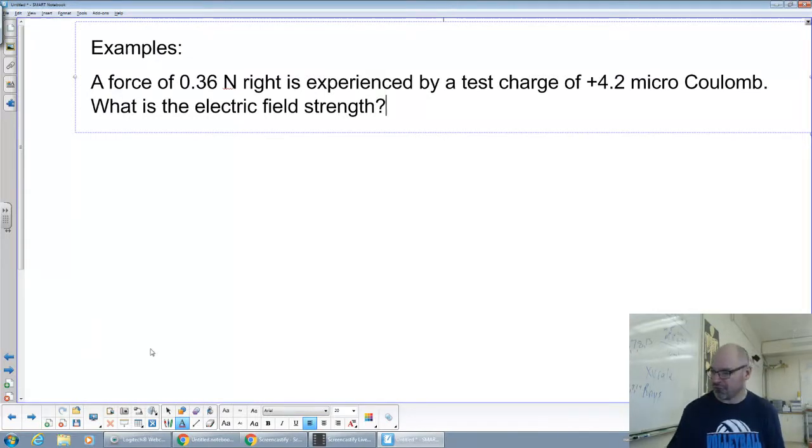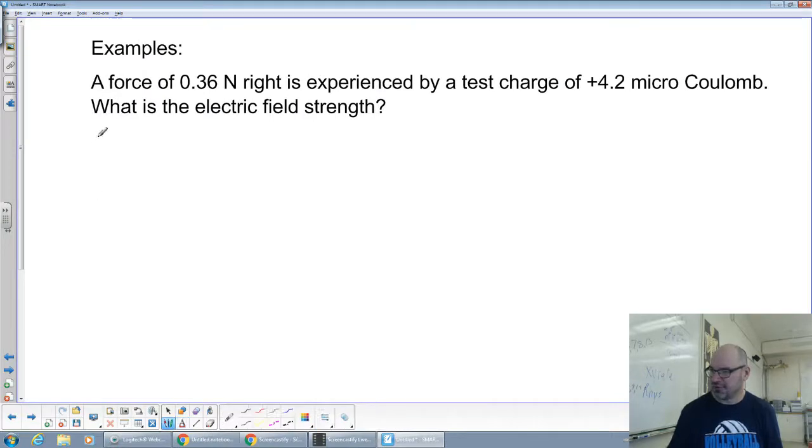We know that our positive test charge, Q prime, is positive 4.2 times 10 to the negative 6 coulombs. This is in microcoulombs, so remember, micro is times 10 to the negative 6. And the force is 0.36 newtons to the right.